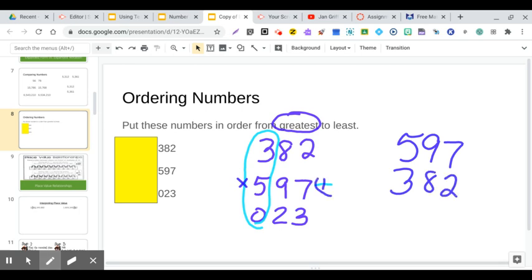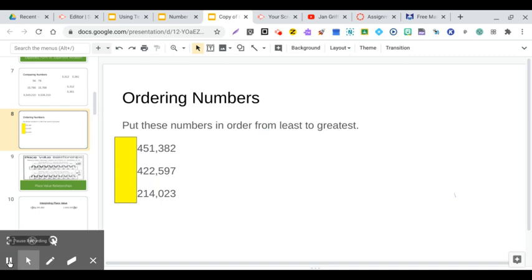So this guy was first, this guy was second, and that means 23 is my third number. Okay, and I can leave off the 0 there. See, you knew how to do that. You just look at one place at a time. Okay, let's try another set of numbers.